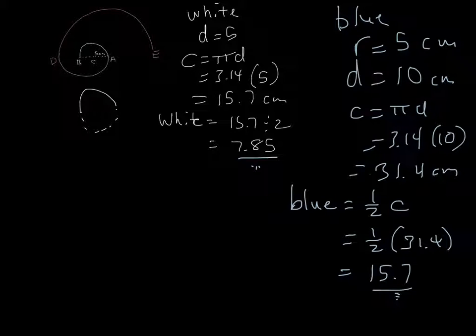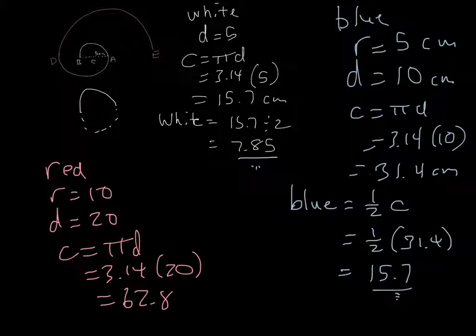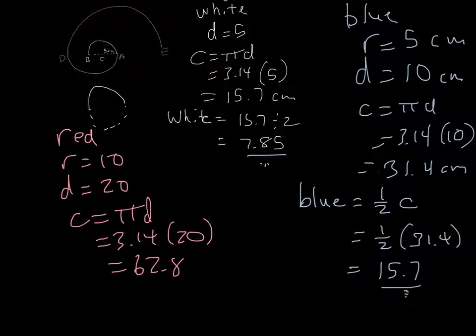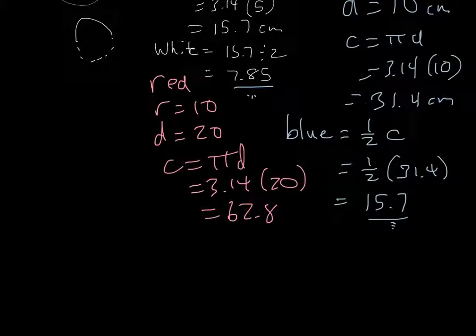We still got to find the red section. And that means the red radius is going to be 10. Which means the red diameter is 20. Circumference equals pi times diameter equals 3.14 times 20 equals 62.8. And then I know that the red section is going to have to be half of that.